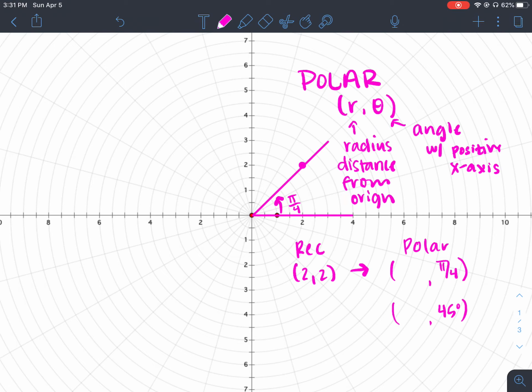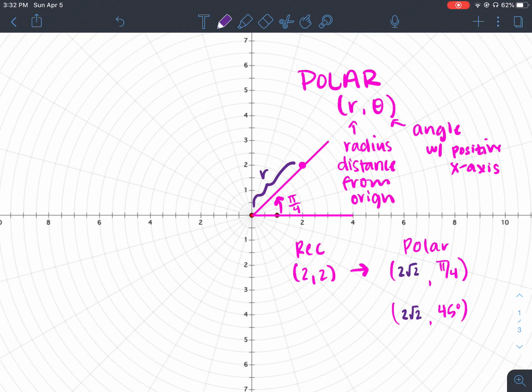And then instead of talking about an x and a y value, if I draw that straight line from the origin to that point, I want to know how far those two are from each other. I want to know the radius of the circle that the point is on. That's going to end up being a radius of 2 root 2.